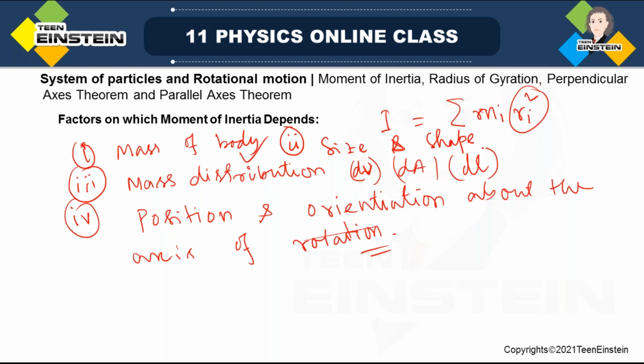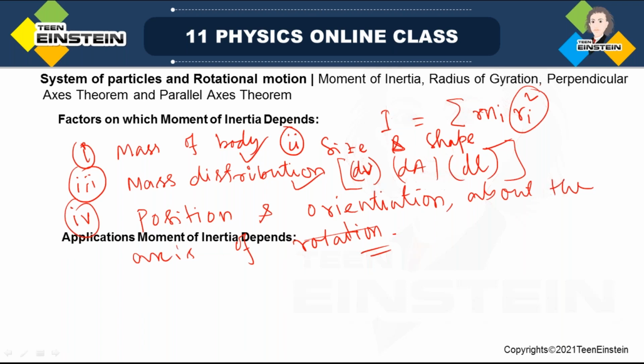One is mass, then shape and size of the object, then mass distribution of the object. Depending on that, you can find out whether it will be integration or just summation, and if integration, whether it is volume, area or line integration. And then position and orientation about the axis of rotation.